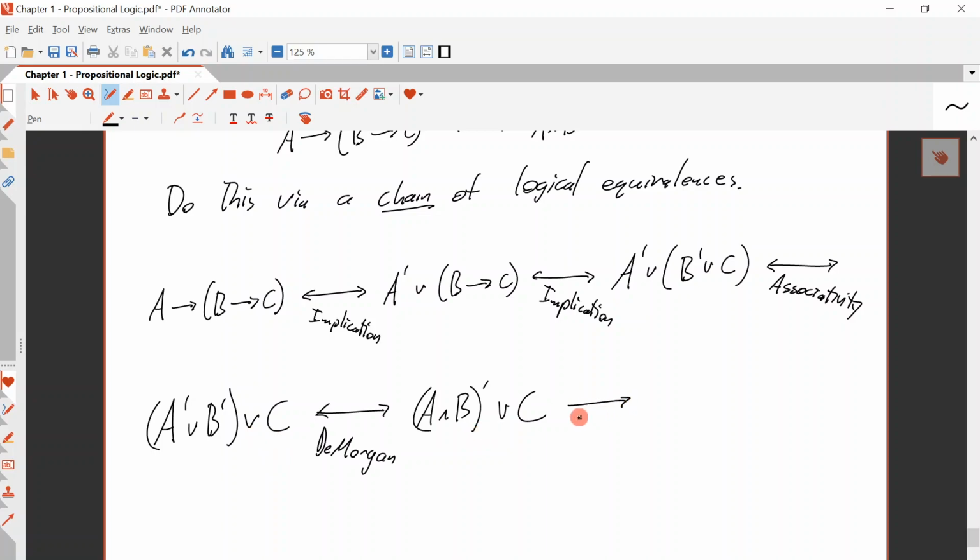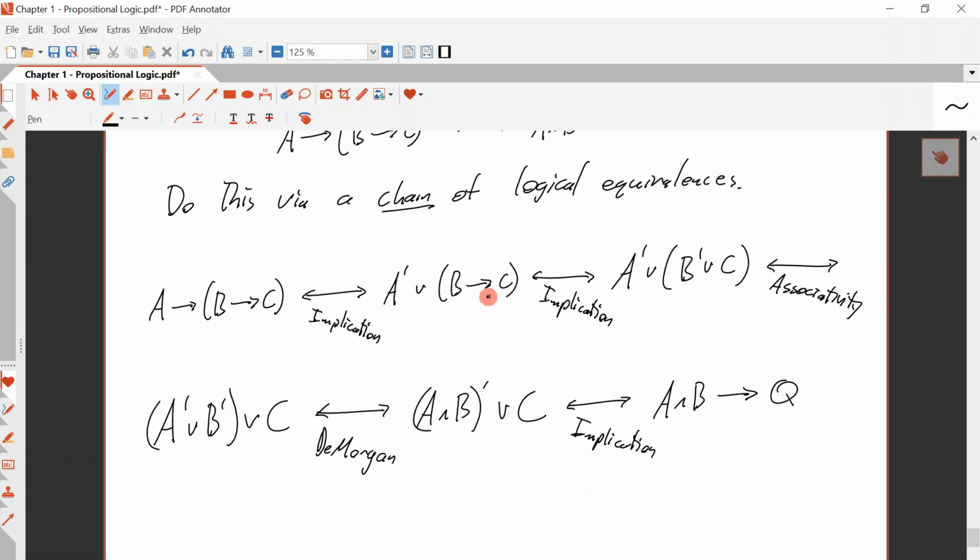And then the implication tautology again. The implication tautology was that P implies Q is logically equivalent to P naught or Q. So here we have P naught or Q, which is logically equivalent to P implies Q, which is what we wanted.